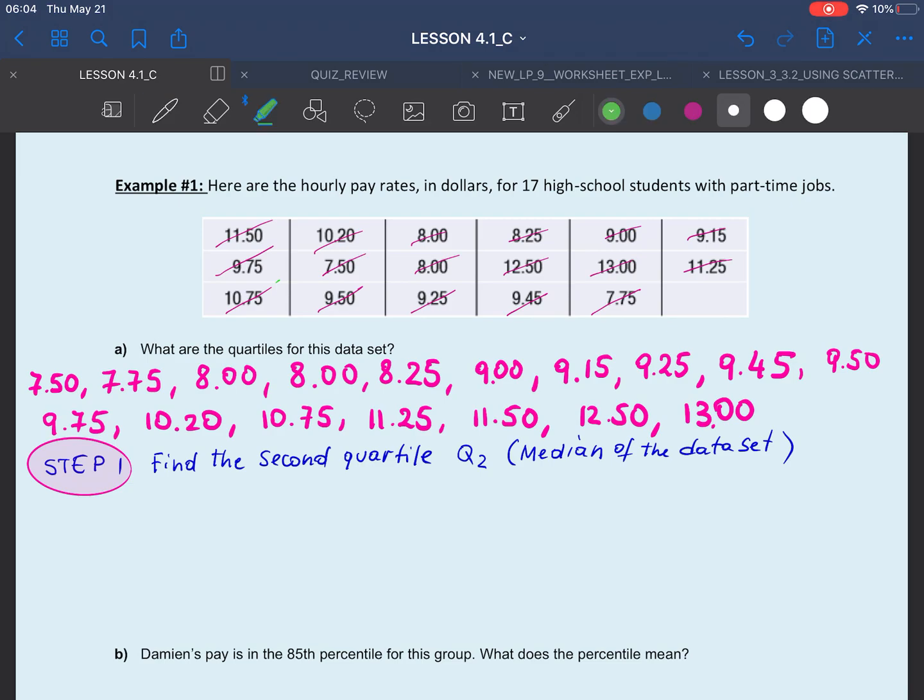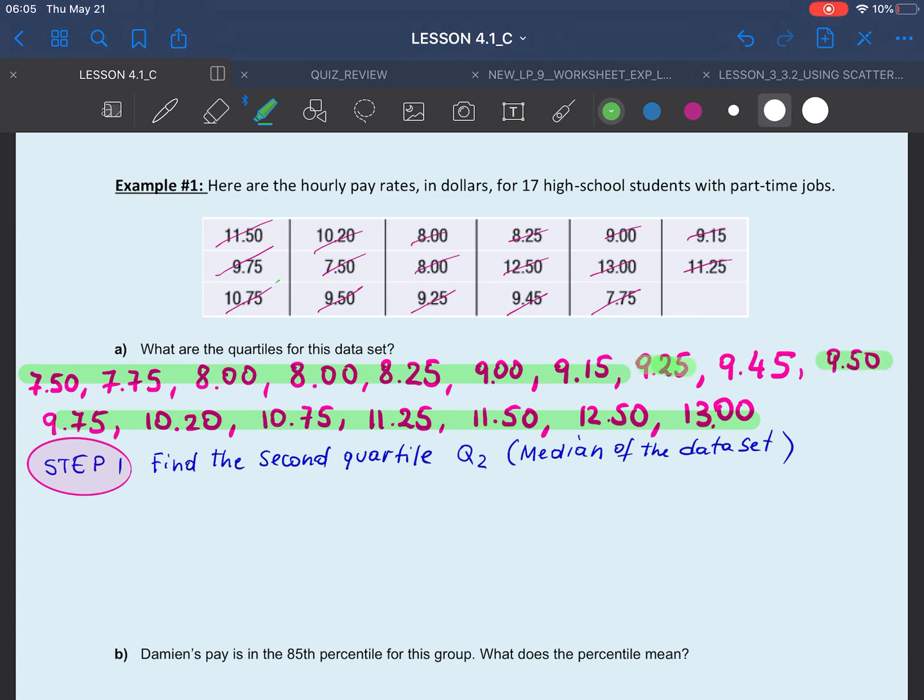And we're going to find the second quartile just like we find the median in general. And I'm going to use my strategy of hiding the numbers from outside in. So I would go 1, 2, 3, 4, 5, 6, 7. And then 1, 2, 3, 4, 5, 6, 7.